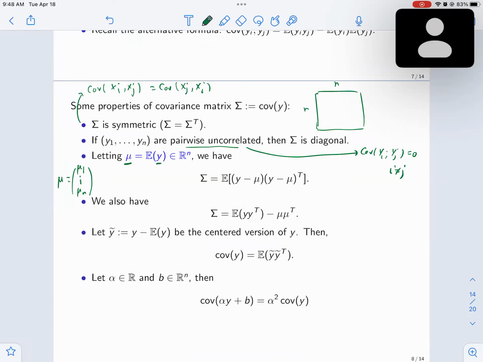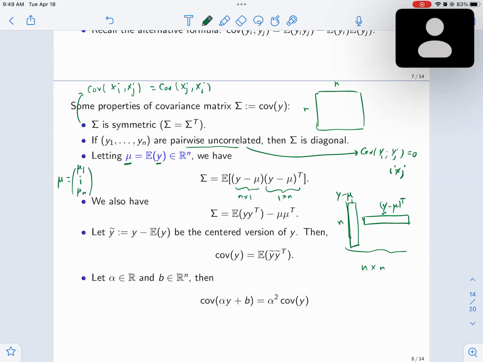Okay, so you take y minus mu. This is an n by 1 matrix, and then you transpose it. This is going to be 1 by n. So I have this y minus mu, and then I transpose it. So you get y minus mu transpose. And so n by 1, 1 by n. And if you multiply it, you would get an n by n matrix. So this is a random matrix.